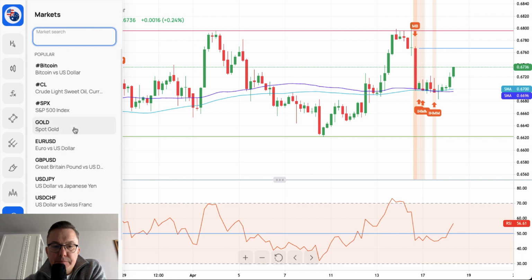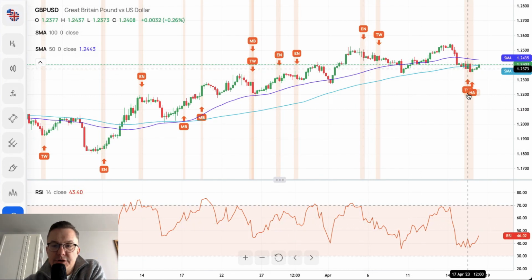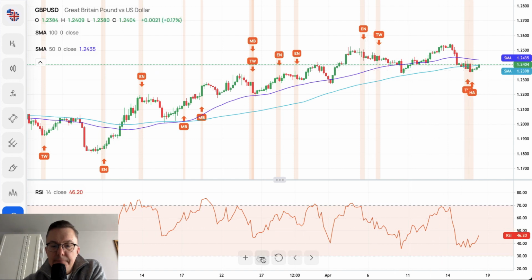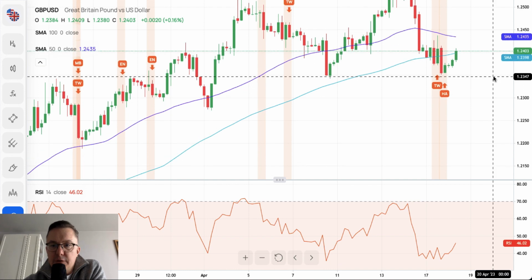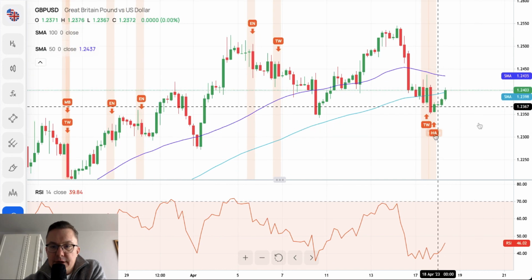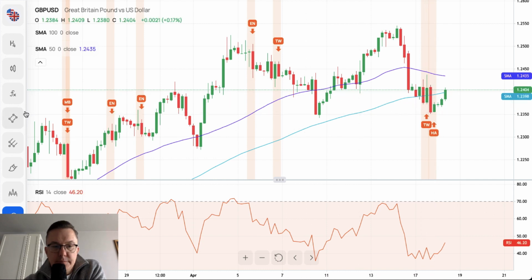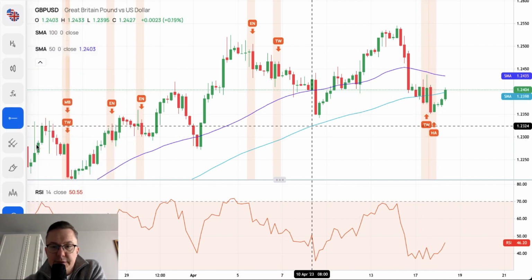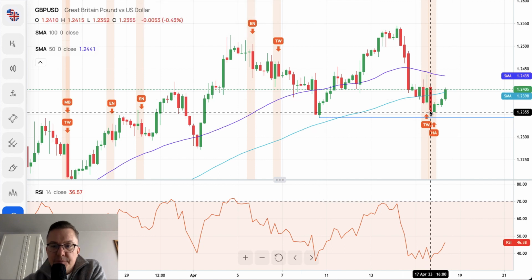Data from the UK were published as well, and this situation here is very interesting because we have a bounce. On the 4-hour chart we have the Harami pattern right after the push towards the technical support, I guess, located at the level of 1.2343.